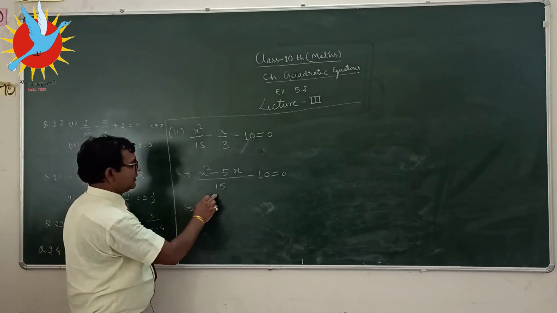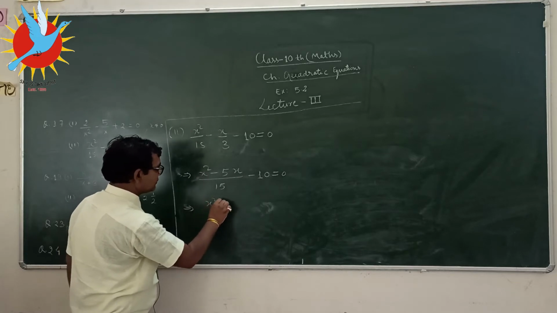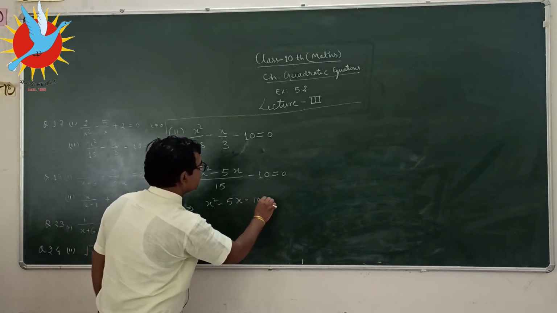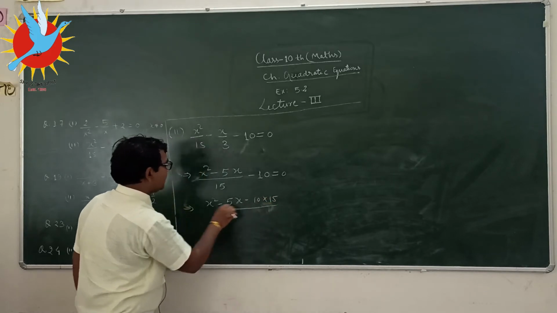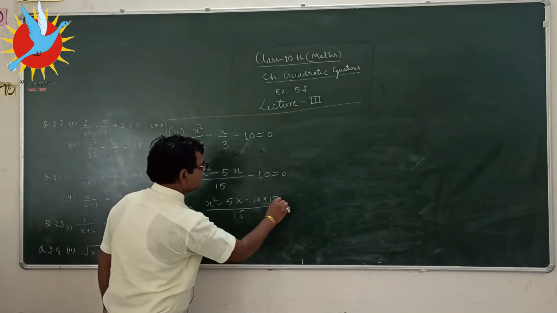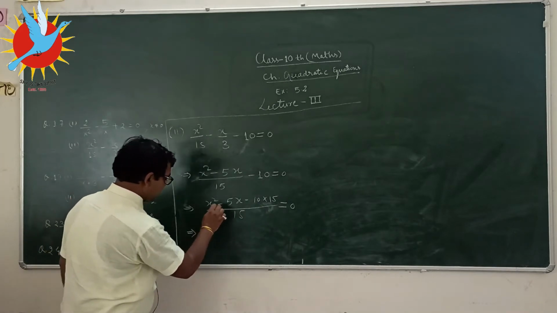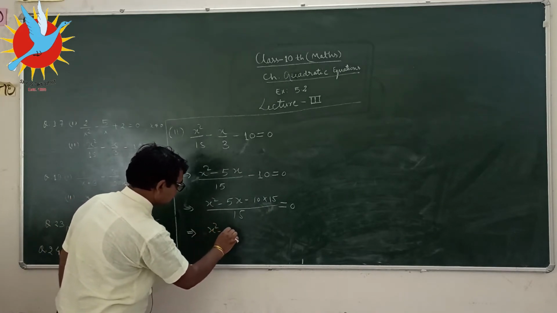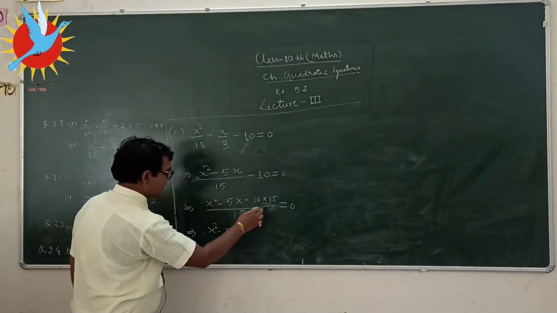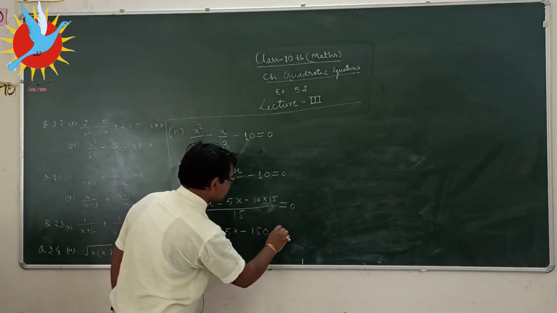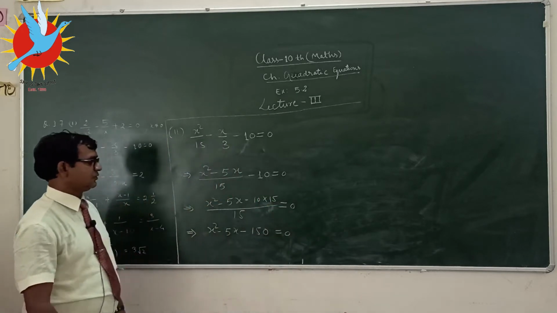We have multiplied this to this, we have x square minus 5x minus 10 into 15 upon 15 equal to 0. Now this can be written as x square minus 5x minus 150, and multiplying this by 0, this will be 0.